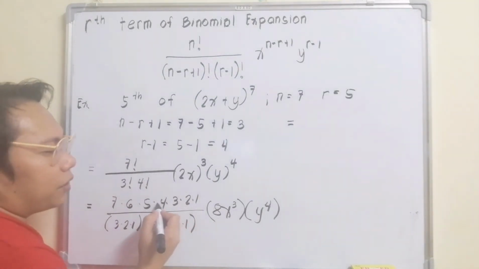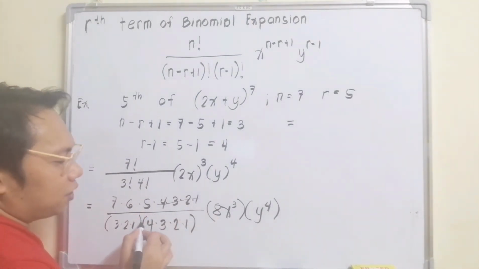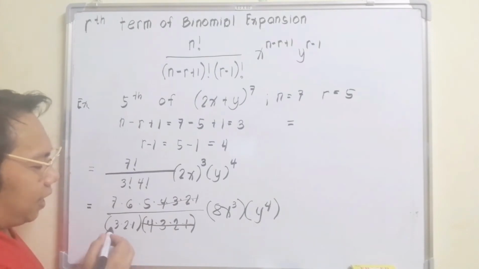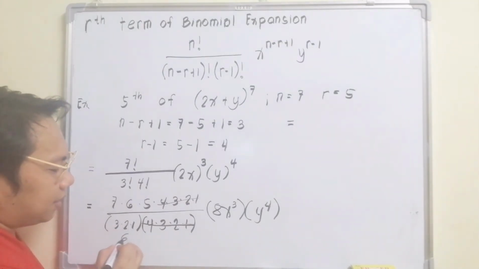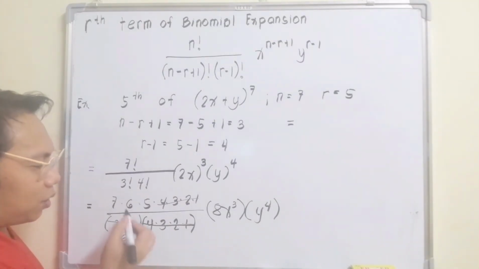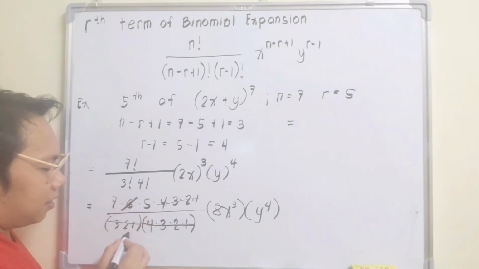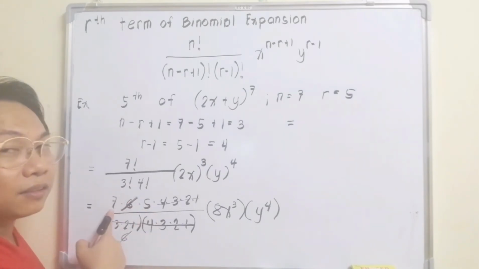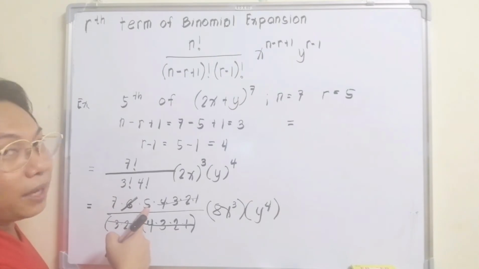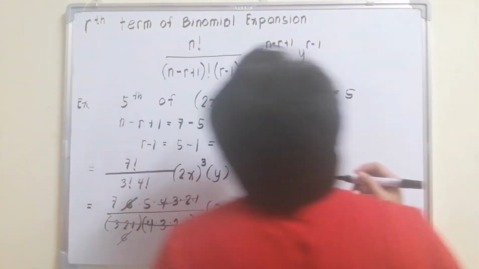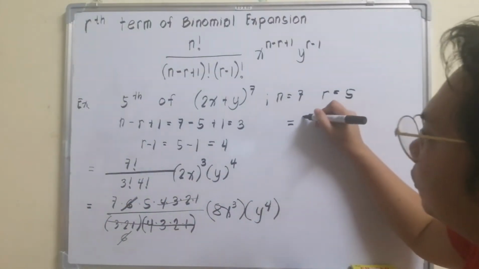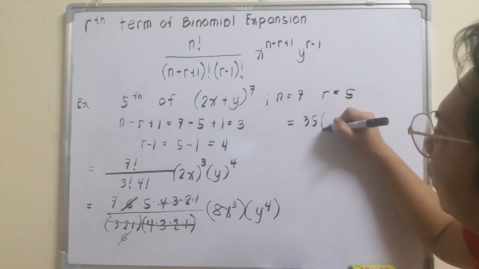We will continue. You know that 4 times 3 times 2 times 1 can simply cancel this one out. And 3 times 2 times 1 is 6, right? So we can cancel 6 here and 6 here. So we have 7 times 5 left. And 7 times 5 is equal to 35.